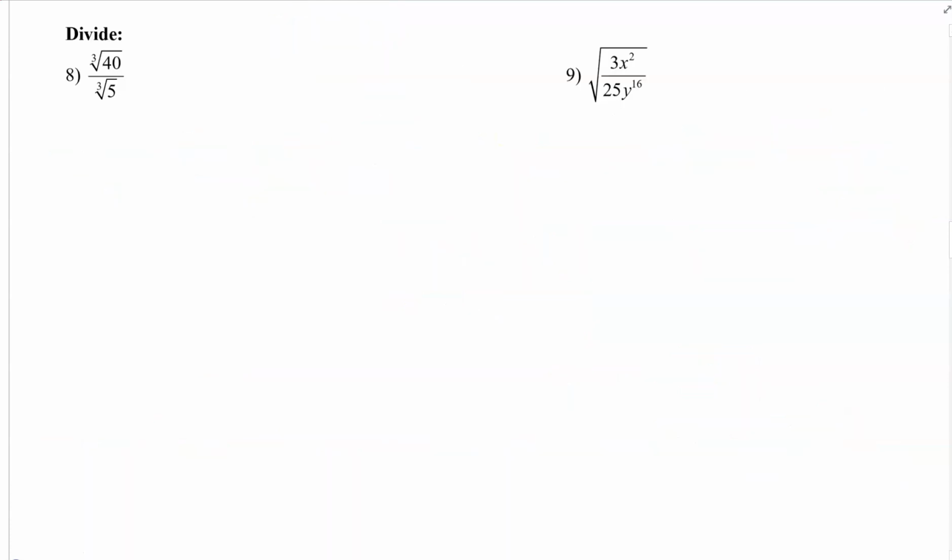So let's take a look at some division. Basically, it works the same way as multiplication. If the indexes match, then you can go ahead and divide numbers that are under the same index with each other. You can combine them under one radical sign, as long as the index matches, which it does here. So 40 divided by 5, we can go ahead and do that division, and that's 8.